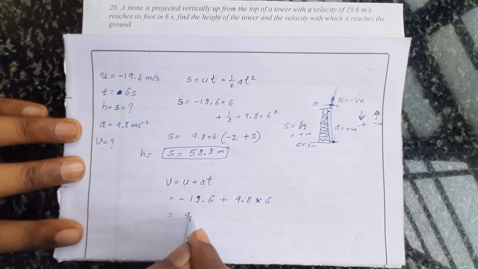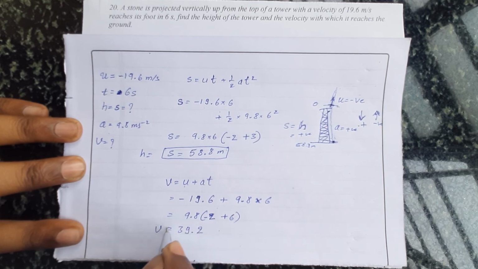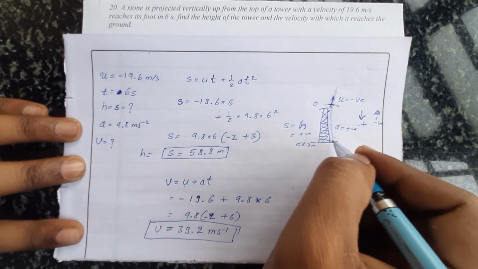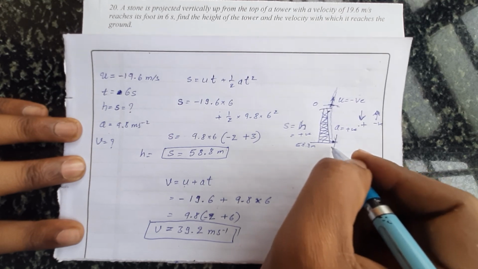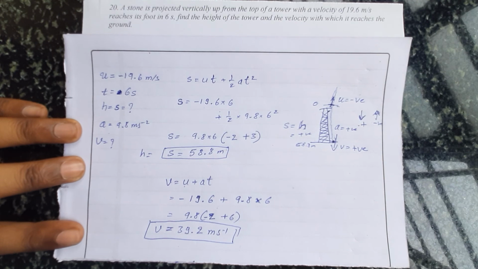I can take 9.8 as a common factor. 2 times 9.8 is 19.6, so it is minus 2 plus 6, so it is 4. 4 times 9.8 will be 39.2 meter per second, plus 39.2 meter per second. Why? Because at this point the final velocity will be downwards. That is why v is positive, downwards.